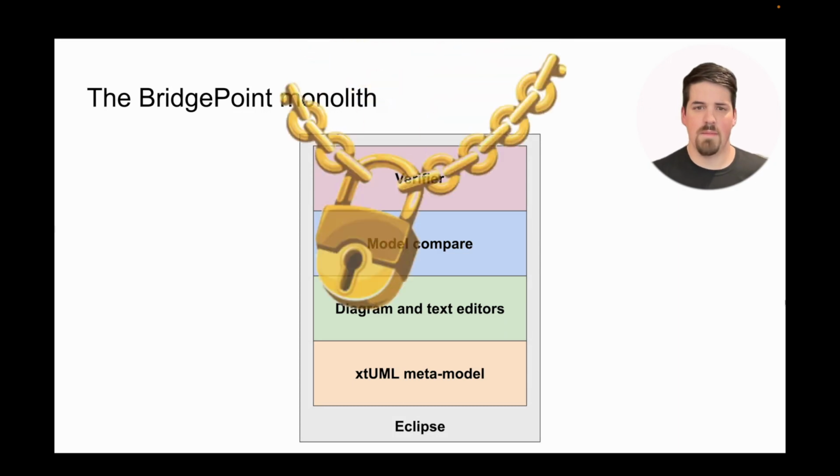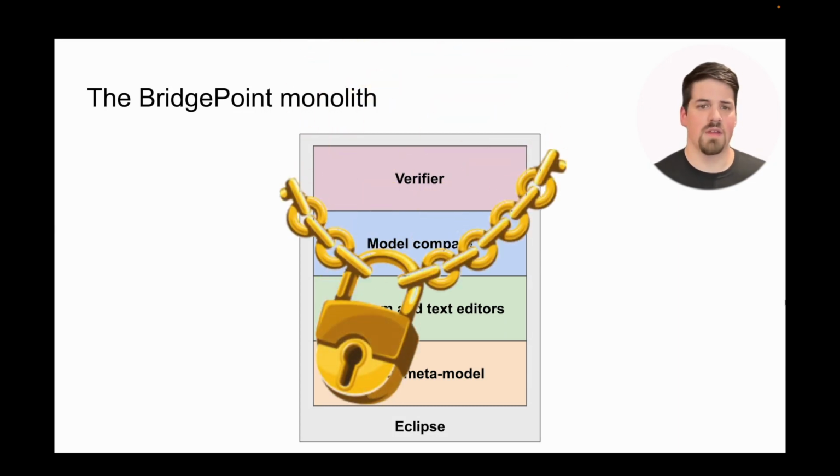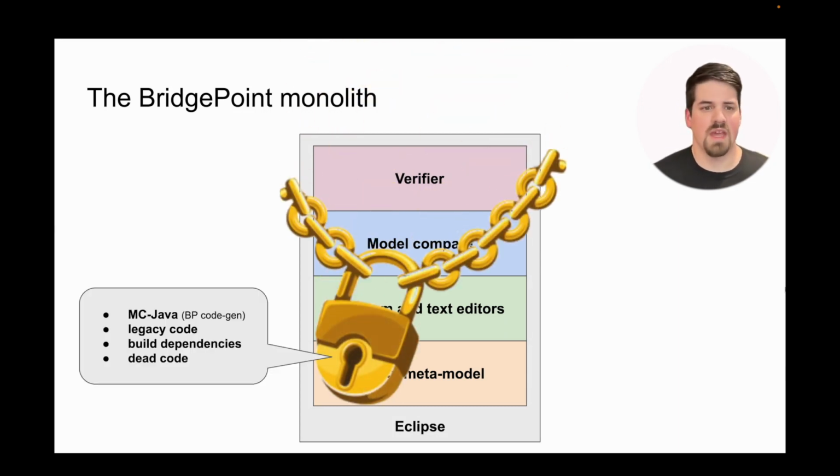And not only that, but the platform is locked down by things like the custom code generation, MC Java, legacy code, build dependencies that can't be updated, and dead code. So again, it's very difficult to move BridgePoint forward. It's difficult to get developers in. So we have all this good stuff, but it's kind of trapped inside BridgePoint.